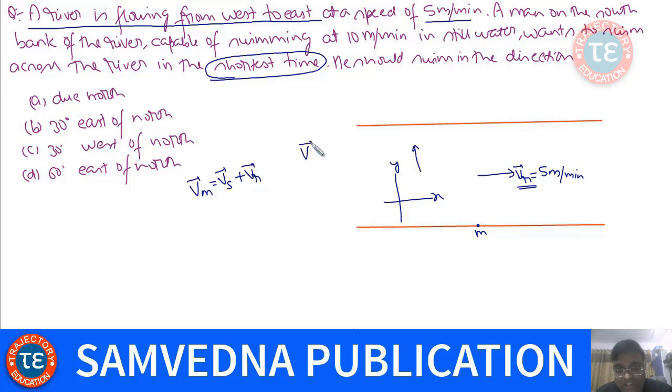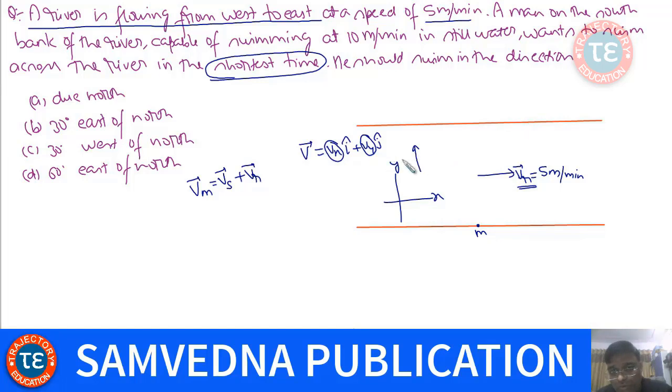So if the velocity of the man is say Vx i cap plus Vy j cap, then this Vx component will not contribute into motion in the y direction. It's only the Vy component which is going to contribute in the motion in the y direction.